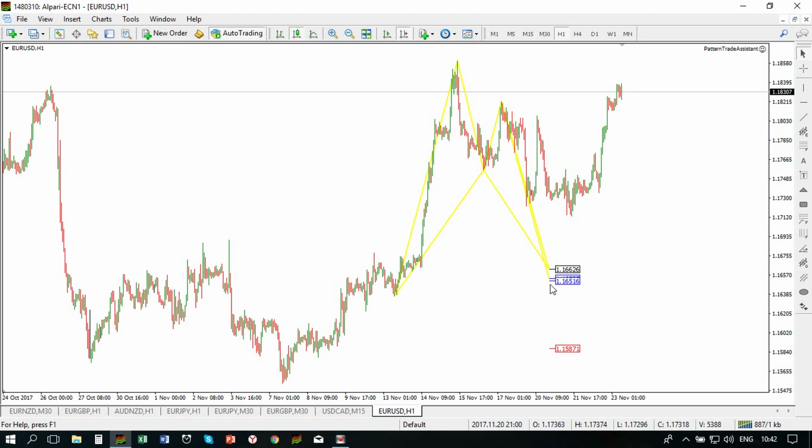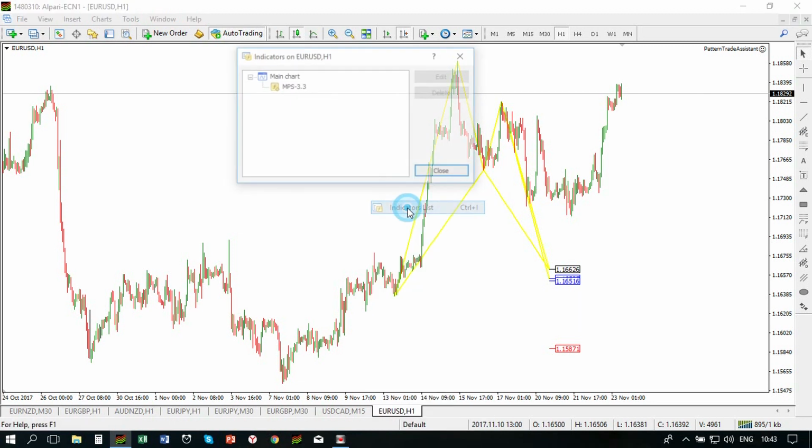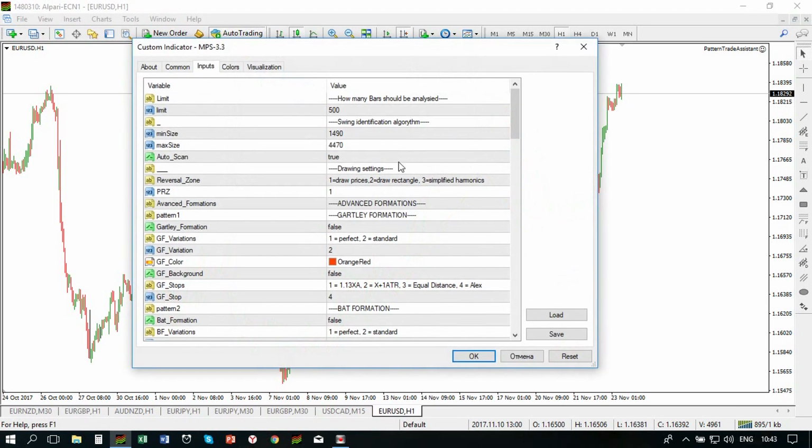So in the majority of cases, you will have the reversal point somewhere below this potential reversal zone, and in the majority of cases, you will have that inside of that potential reversal zone. It's not very beneficial if you have it above the potential reversal zone, because the risk reward will not be that favorable for you, but still. Okay, let me show you what I mean when you change that drawing to rectangle. You will have it this way.